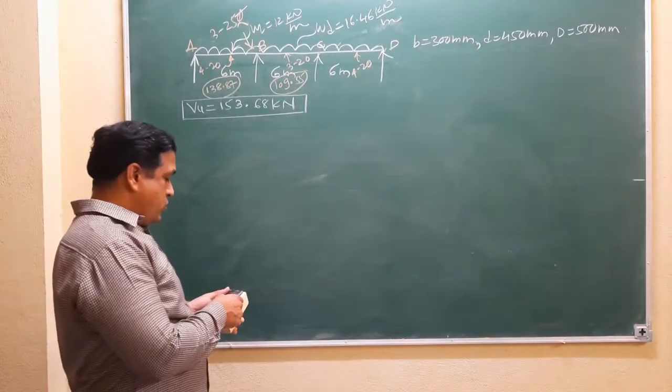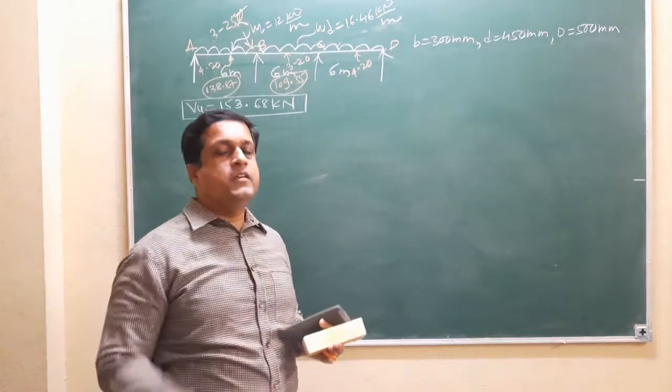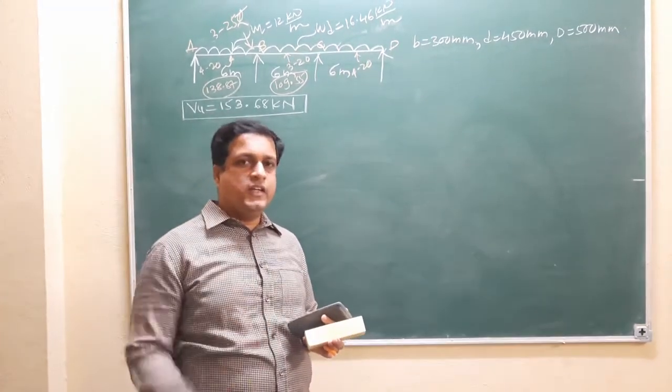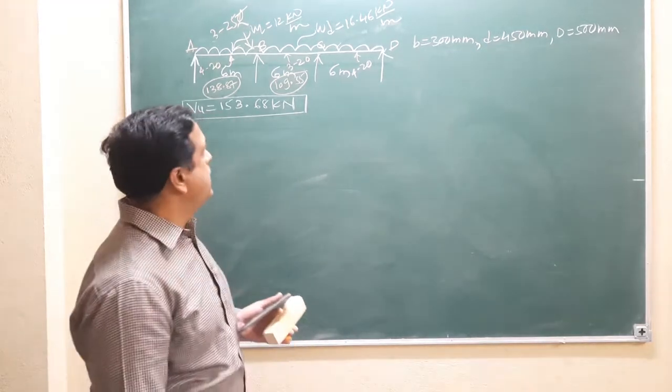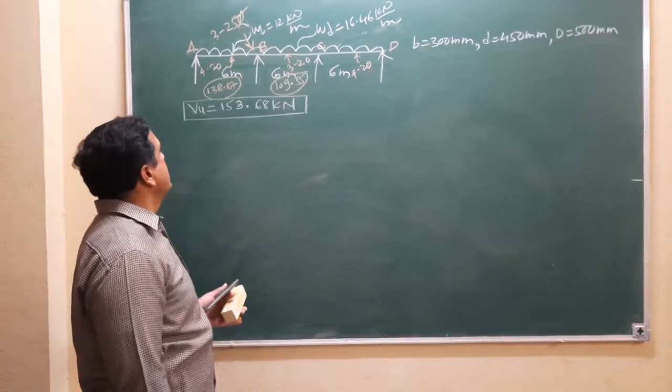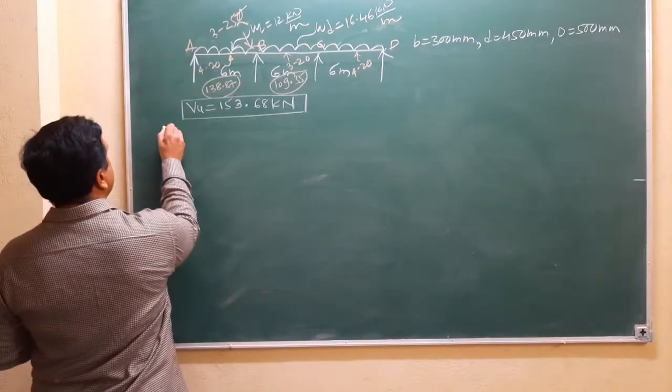So don't go for the different shear force values. You have to design the beam for the maximum shear force. It is enough to consider that for the shear design. Now, what is step number 1?